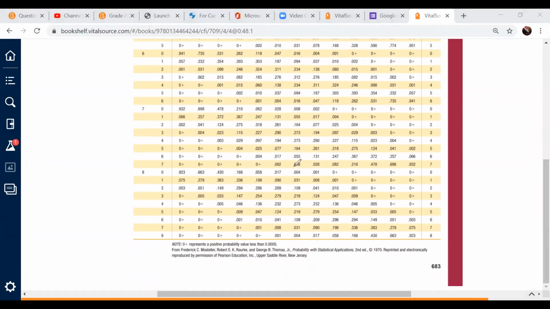So the one that we're looking at right here, I'm going to write this in. This is P equal 0.5, y'all can see that.